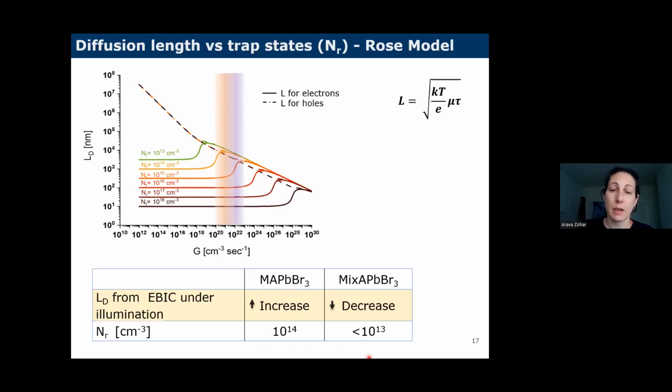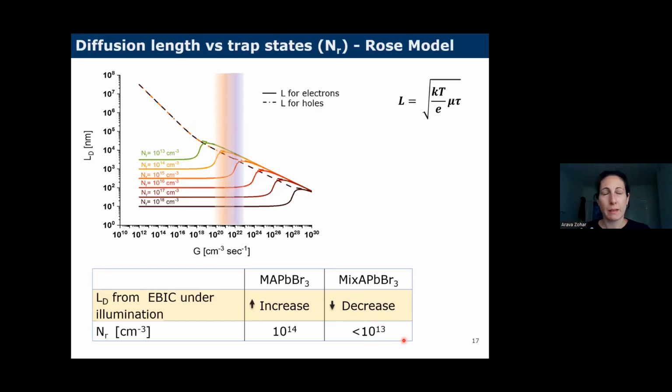And for the mixed cation methyl bromide, we get a decrease, which means that we are already in this regime of the slope where the diffusion length is going down as we add light. And it hints that we have less than 10 to the 13 defects per cubic centimeter. And this is why this cell is operating better.